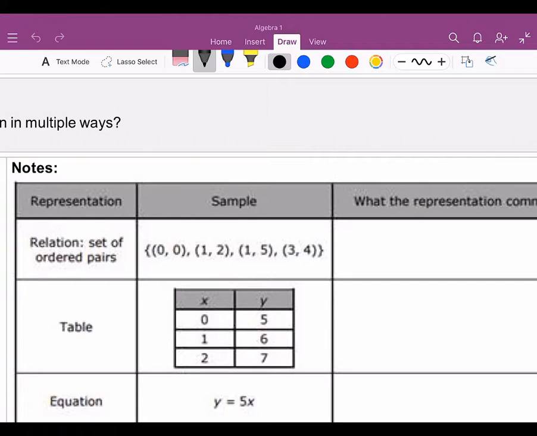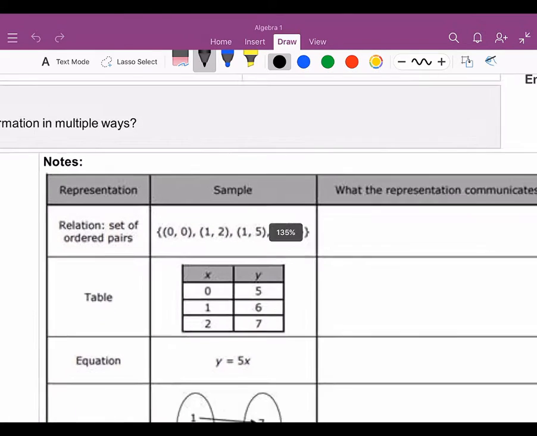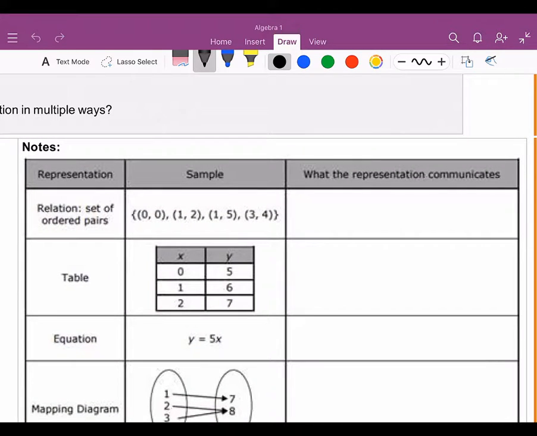Different representations. Same thing with math. There are different representations for the same type of data, and there's always benefits to one way to present this information. There's benefits to this and there's benefits to that. So there's multiple representations, all for the same data, okay? And we're going to figure out which ones to use and when.